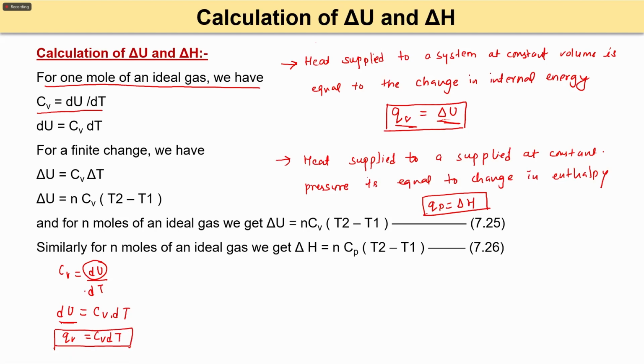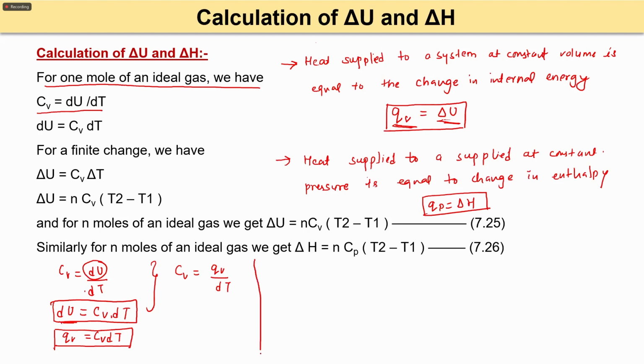This is the expression for dU and Qv, which are equal. So you can also write Cv as Qv by dT, replacing dU with Qv.